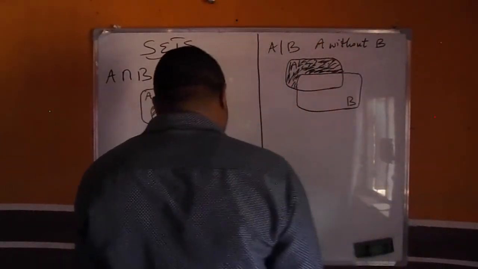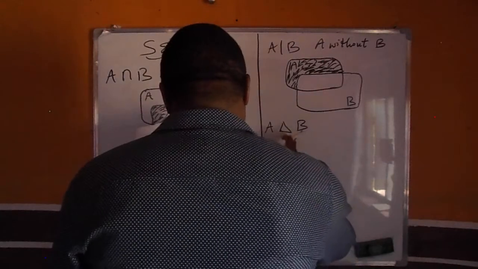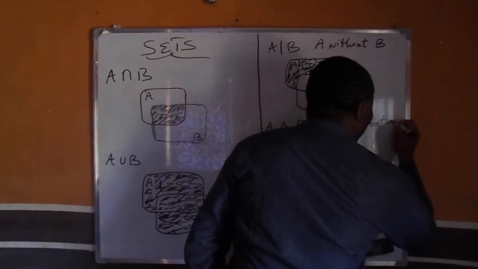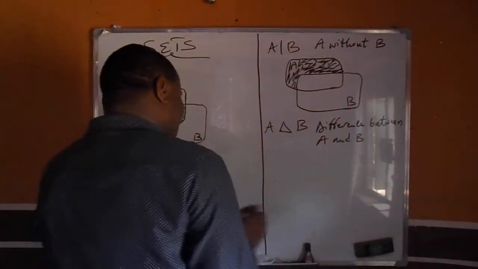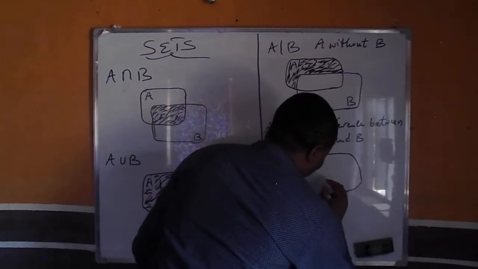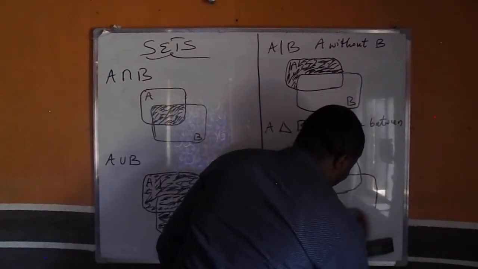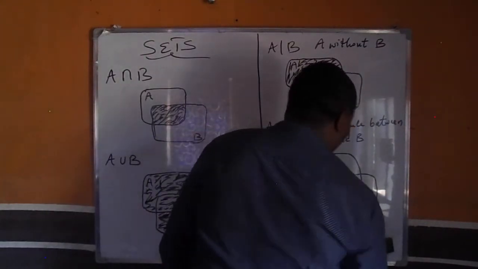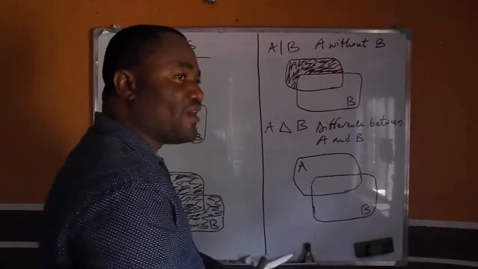The next one we have is the difference between A and B. To get the diagram for the difference between A and B, we have A, we have B. The difference between A and B, meaning they don't have anything in common, is the difference you are looking for.